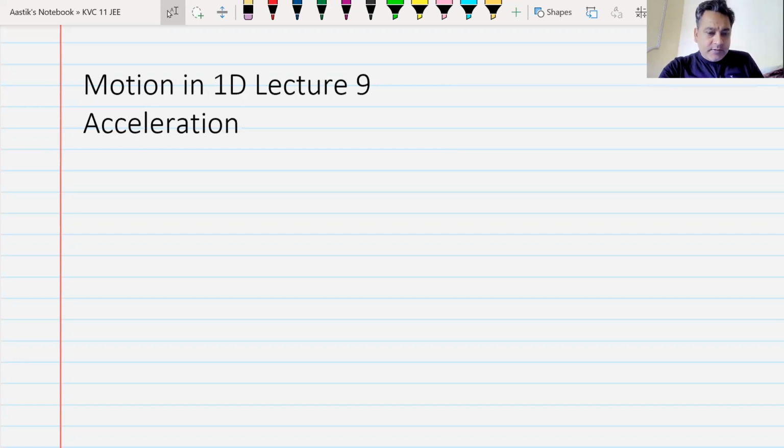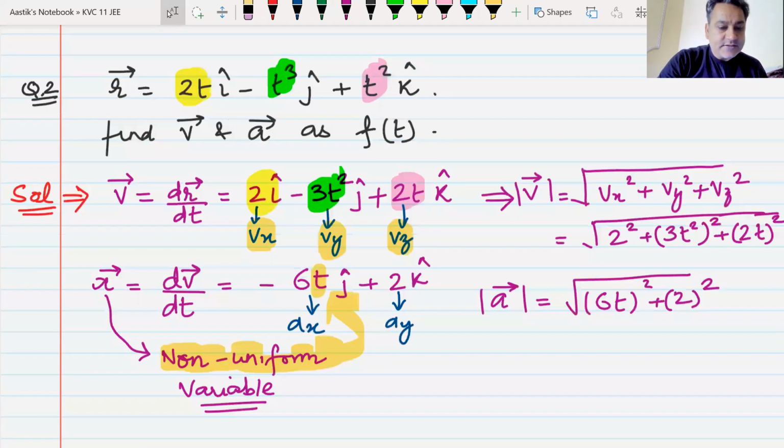Okay. We are dealing with acceleration. In the last class, we had seen problems where the position of the particle was given to you and you were supposed to find out the velocity and the acceleration. Do we remember this?